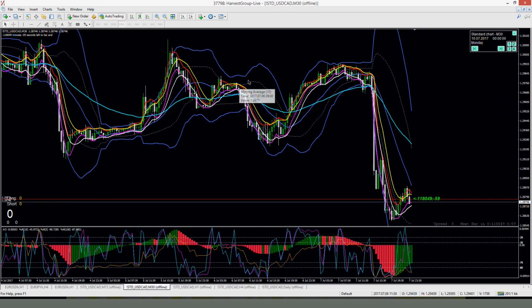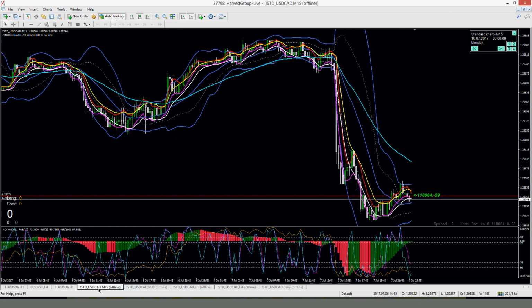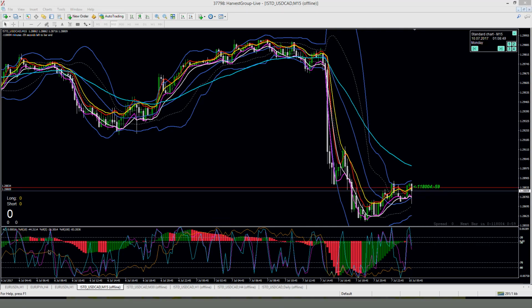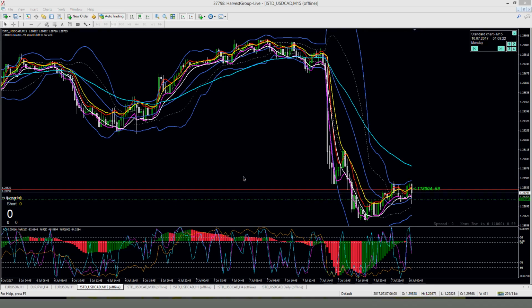This is just an example. If you want to sell, for example, you have M15 here and you want to play it. Usually you can adjust the speed in accordance to whatever it is. If I know it's going up, I'm just gonna buy.